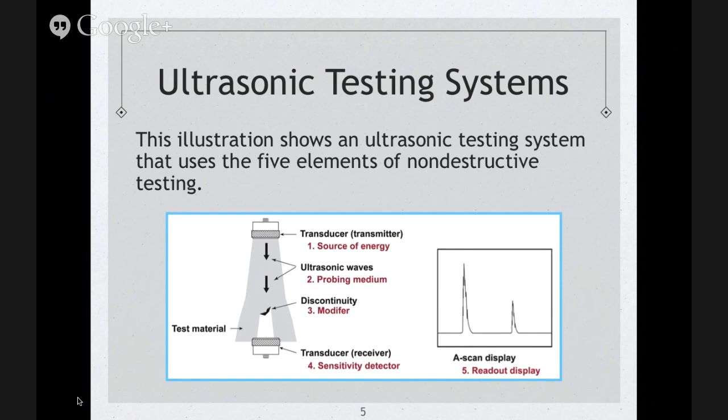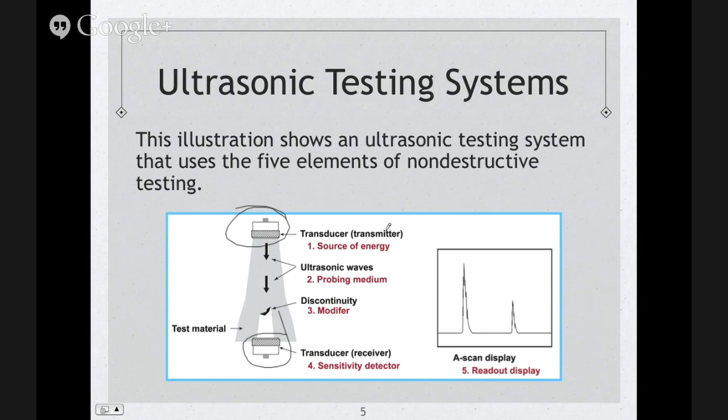In this case, we have the transducer being our source of energy, our transmitter. We have a through transmission setup on your screen, and obviously, this would be your transmitter. It's a setup of a through transmission because both of my transducers are perfectly aligned to each other.